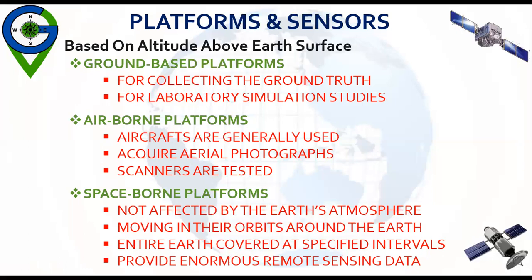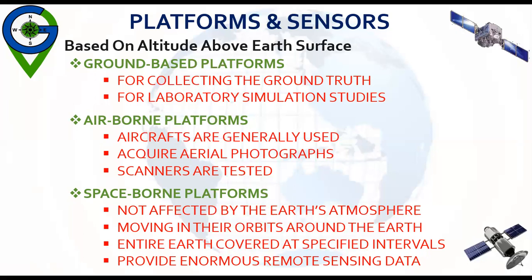An aircraft is a vehicle which is able to fly supported by the air. Then we have the spaceborne platforms. Spaceborne platforms are generally mostly used because they are not affected by the Earth's atmosphere.